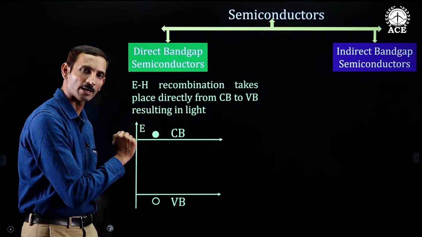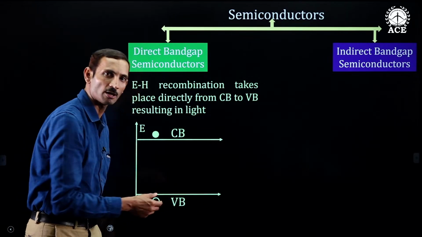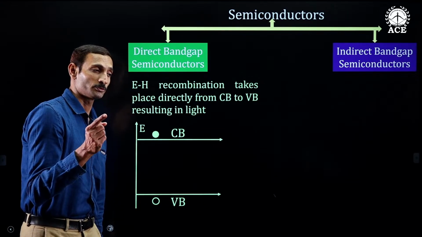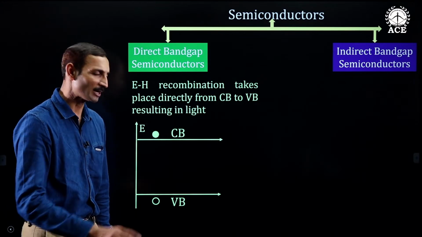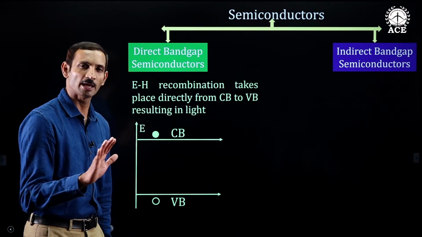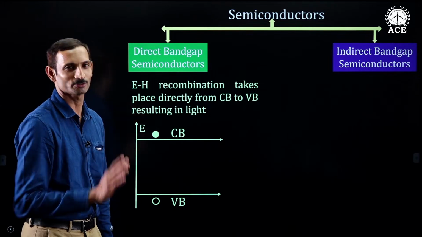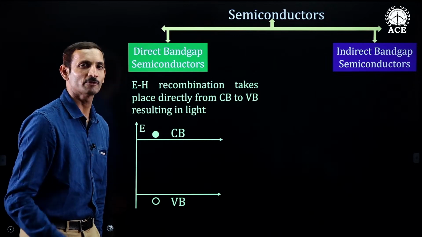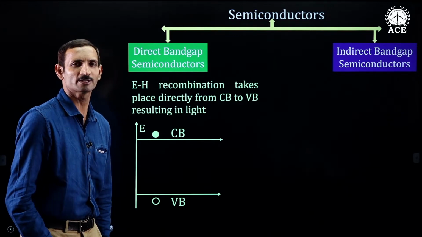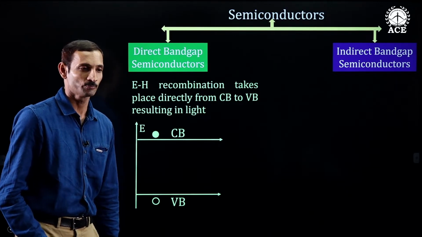Now coming to the valence band. Valence band is a band of energies of the holes that exist in a covalent bond. In fact, they are almost the same as the energies of the valence electrons, because where do the holes exist? Inside the covalent bond. How?